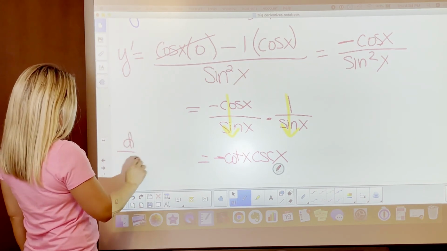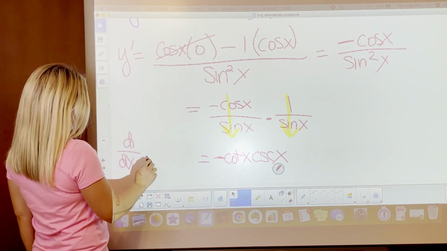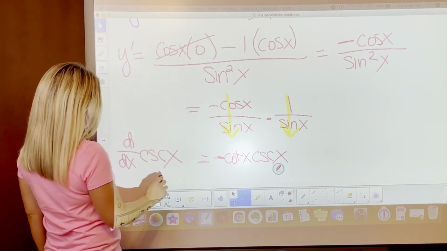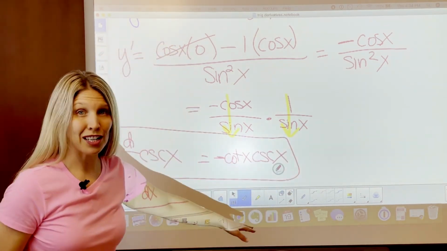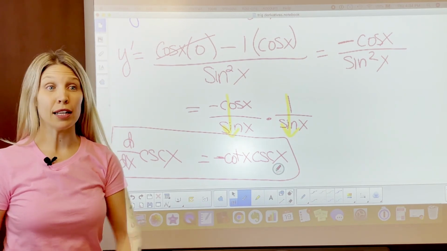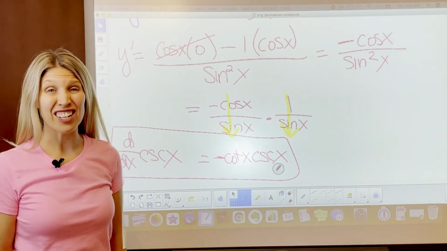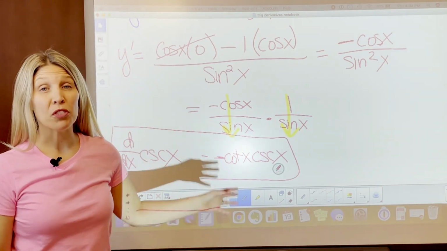So the derivative of cosecant x equals negative cotangent x times cosecant x. I know, it's a mouthful, but these are the things you need to know.